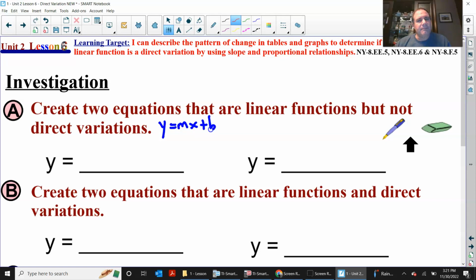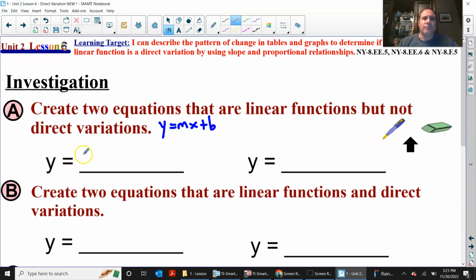So if at any time you want to just stop and put down the equations, just go ahead, stop the video, press pause, and then put down 2 equations that you think are linear functions but not direct variations. So we're just going to start. Remember, y equals mx plus b. You could put any m, you could put any b.